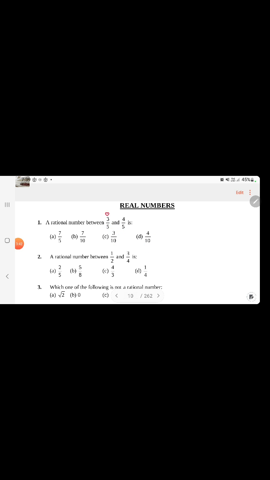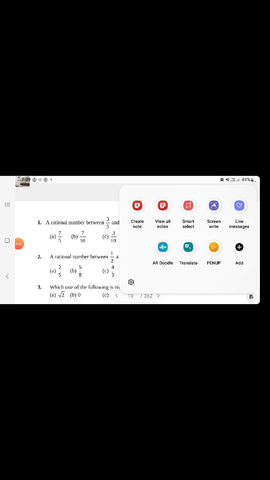Here you can observe that in both the rational numbers the denominator is 5. In these three options the denominator is 10, so you can convert this 5 into 10 and check with the given options.